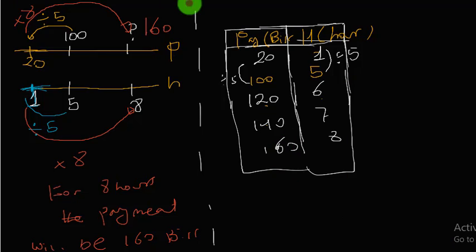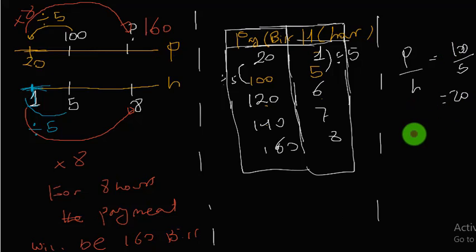Lastly, let's use an equation. In this case, let's take the ratio of payment with respect to hours he works. In the first, he has a payment of 100 over 5. When you work this one, it will be 20.